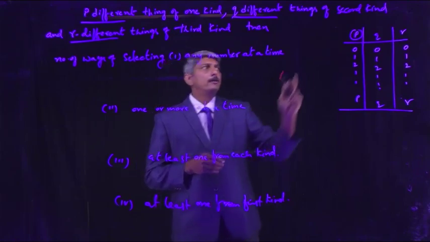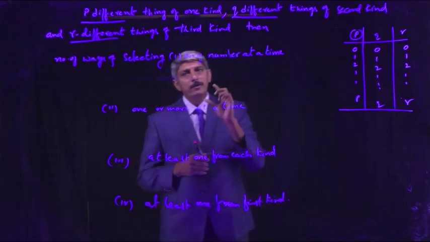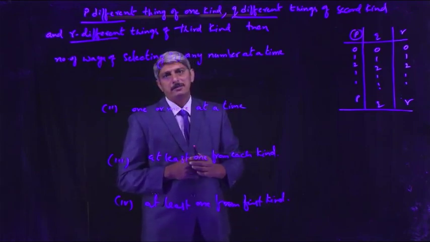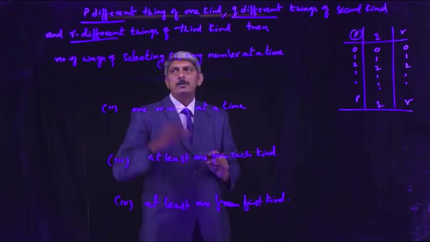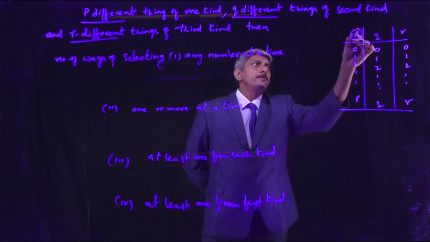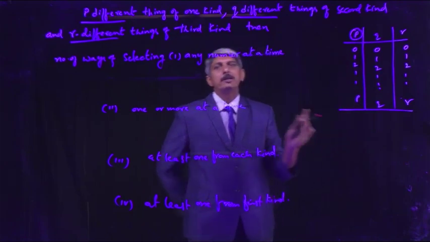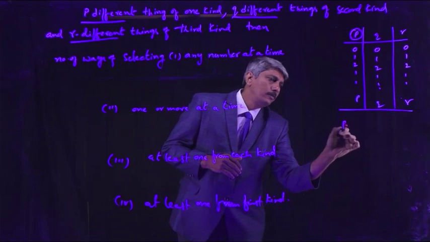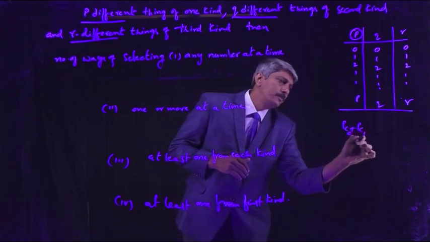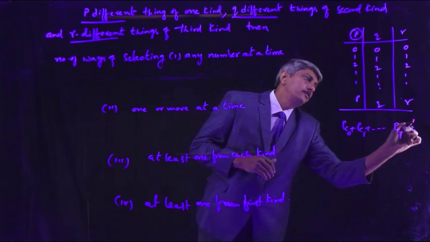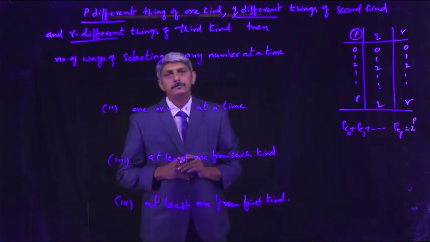But here P different things, the number of cases selecting r out of P things is PCr. Therefore, for any number at a time, all cases, how many ways can we select either 0 or 1 or 2 and so on up to P? We have PC0 plus PC1 plus and so on up to PCP. So this is nothing but 2 power P.